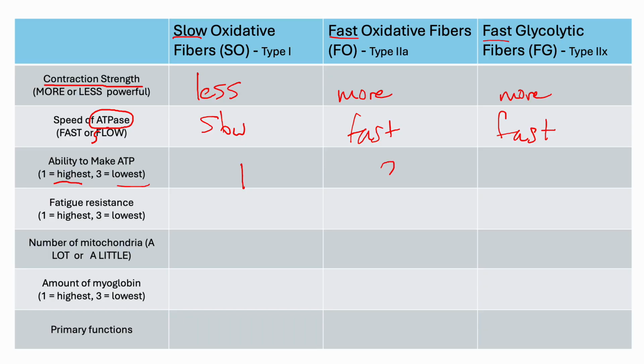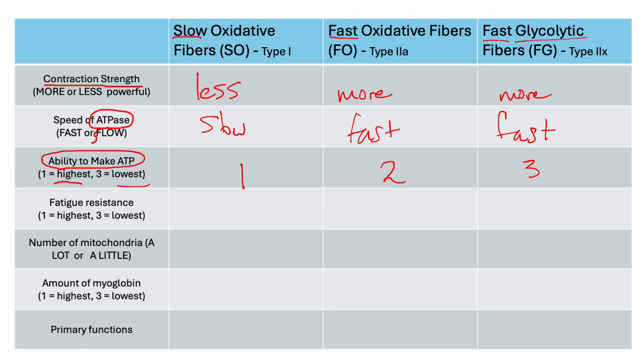Our fast oxidative fibers have the next highest ability, and our fast glycolytic fibers have lower ability. Now remember, that's not how quickly it's generating the ATP, that's the ability to make it. With aerobic respiration, for every glucose we're making about 34 ATP, whereas in glycolytic fibers, we're making about 2 ATP for every glucose.